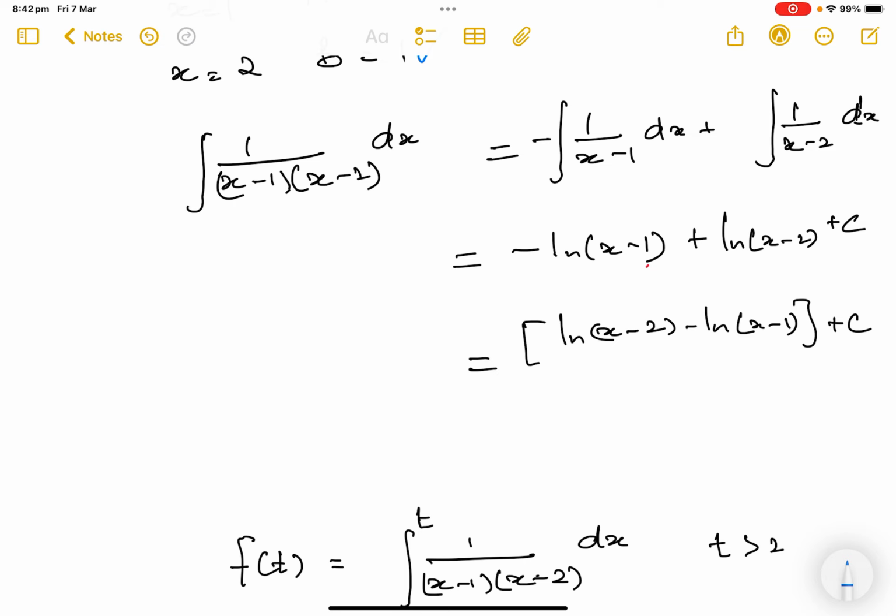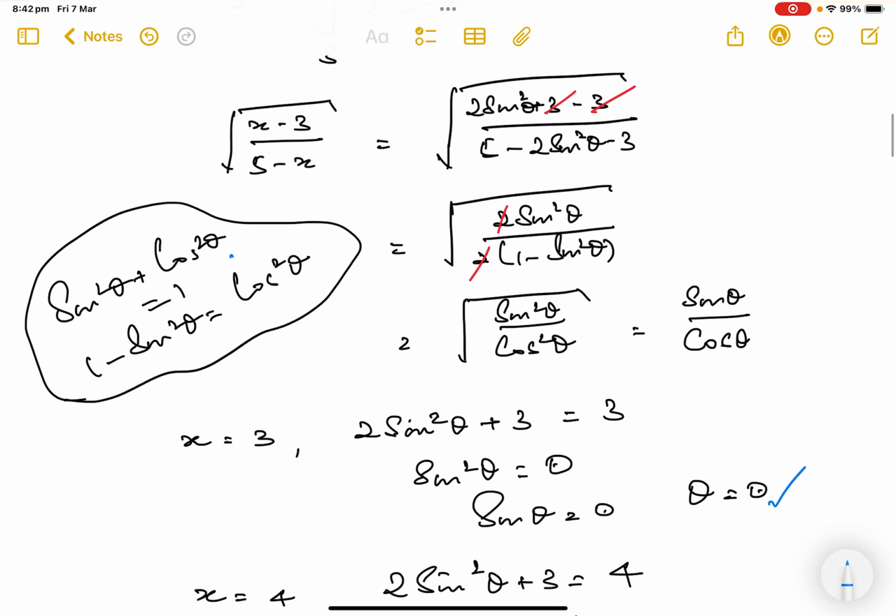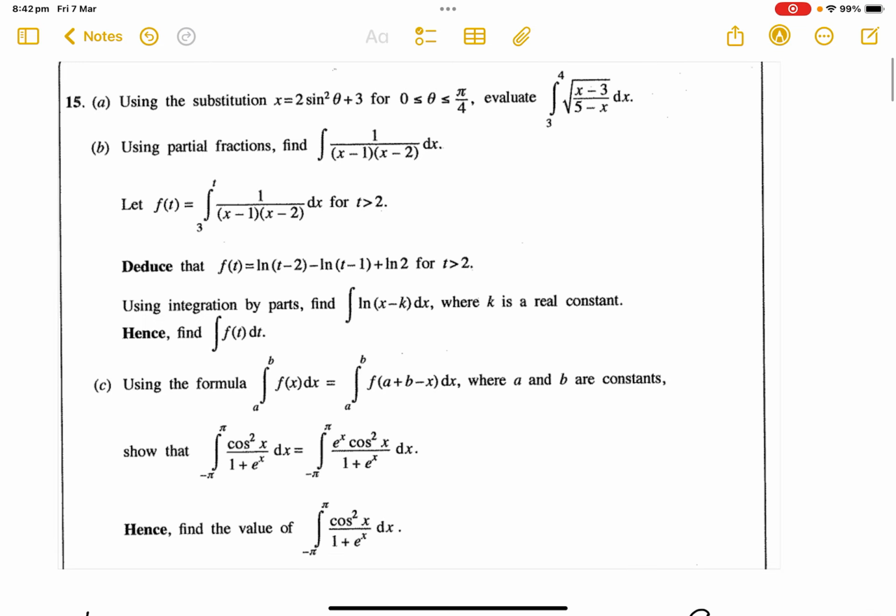So minus ln|x minus 1| plus, same thing for that, ln|x minus 2| plus c, the constant. Rearranging it, ln|x minus 2| minus ln|x minus 1| plus c. That is the first part, the integral of that part.